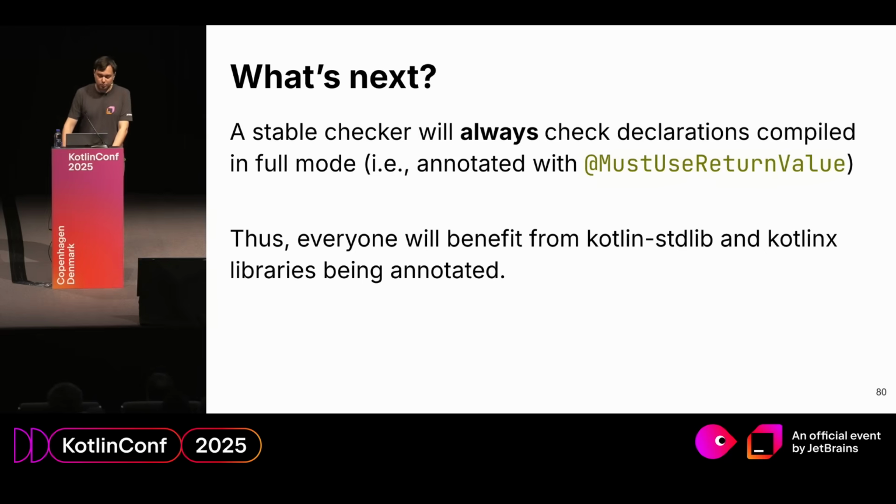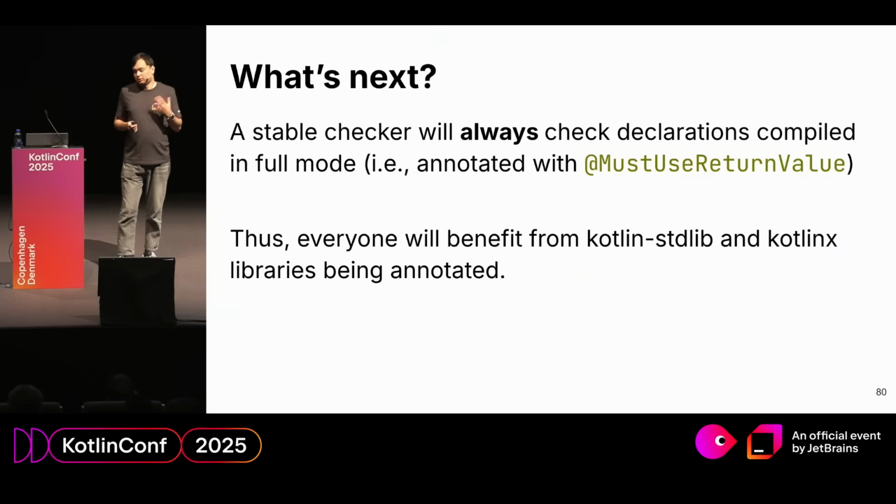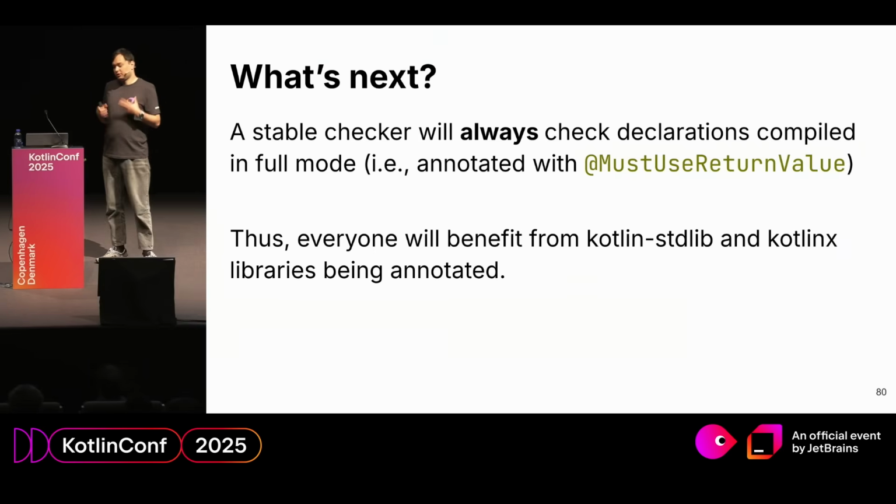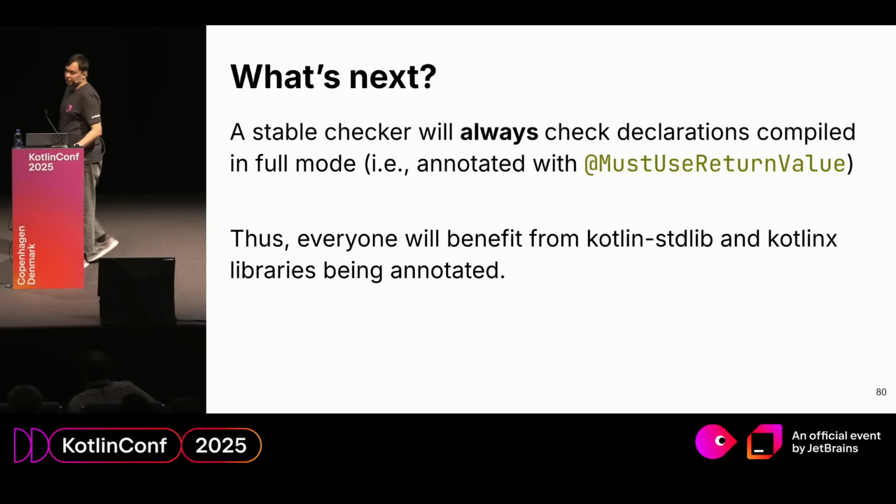It means that all users will immediately benefit from the Kotlin standard library and kotlinx libraries being annotated. Because even if they do not enable anything themselves, the Kotlin stdlib will be compiled in full mode, and users, with the checker enabled by default, will get warnings about forgotten results of plus, equals, sorted, and everything else.